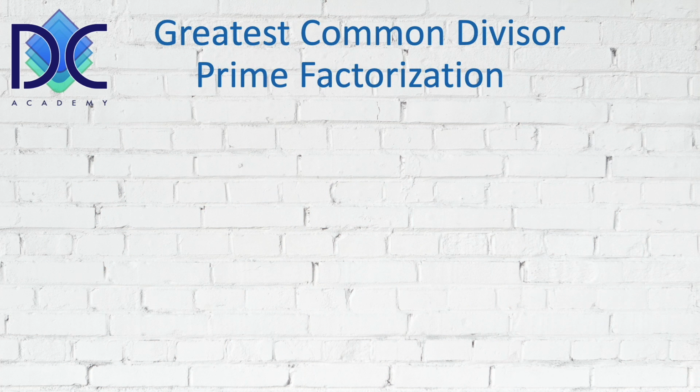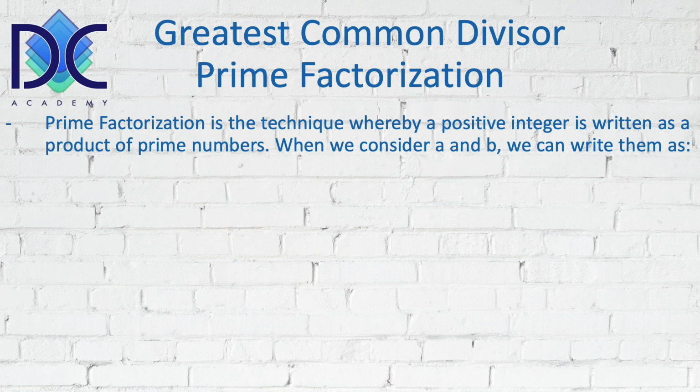Now we are going to use the greatest common divisor and apply it to prime factorization. Prime factorization is a technique whereby a positive integer is written as a product of prime numbers. When we look at two integers, a and b, we can write a as the first prime to the power a1 multiplied with the second prime to the power a2, and so on up till we reach all the primes that are relevant and their respective powers.